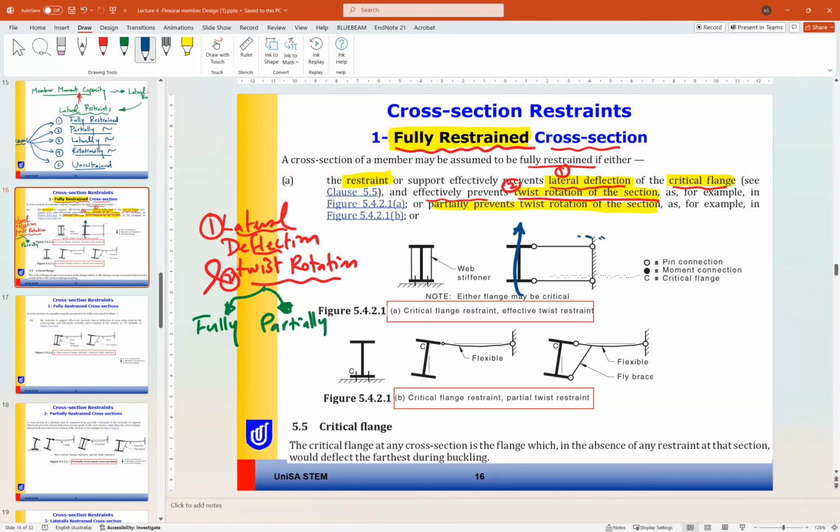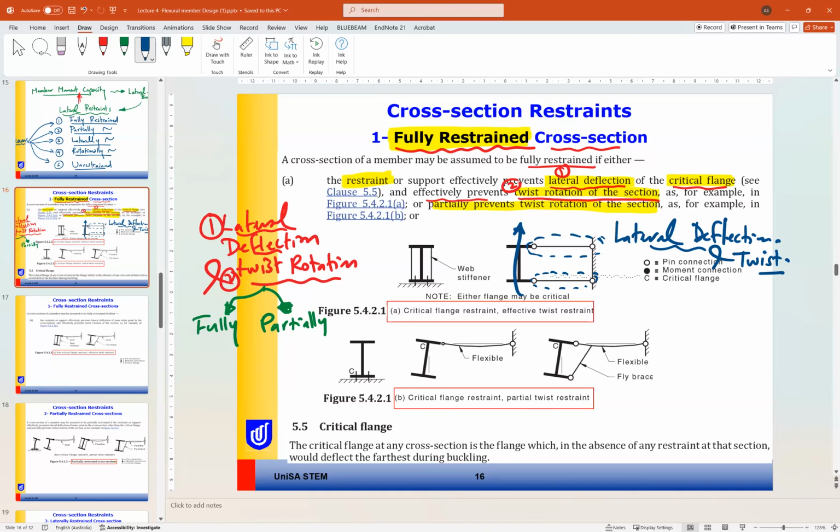The compression flange is supported by this member, and this member prevents the lateral deformation or the lateral deflection of the beam. Because the bottom flange is also supported with a similar member, this section will not be able to twist.